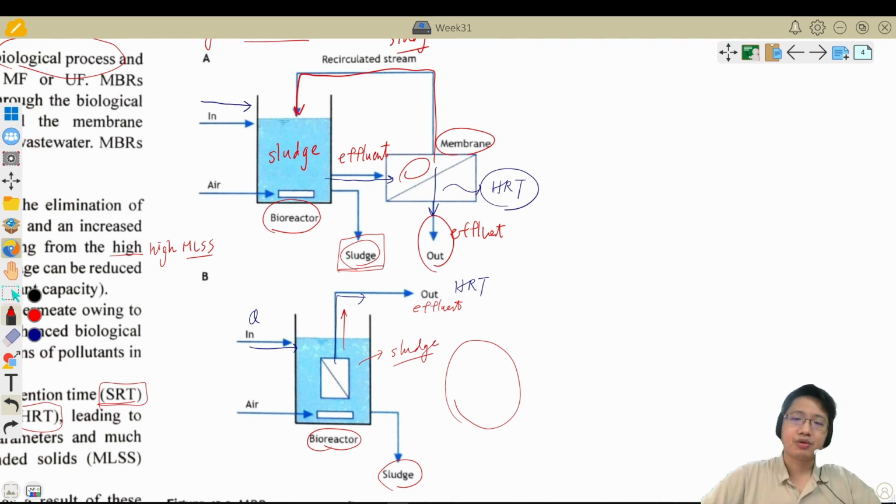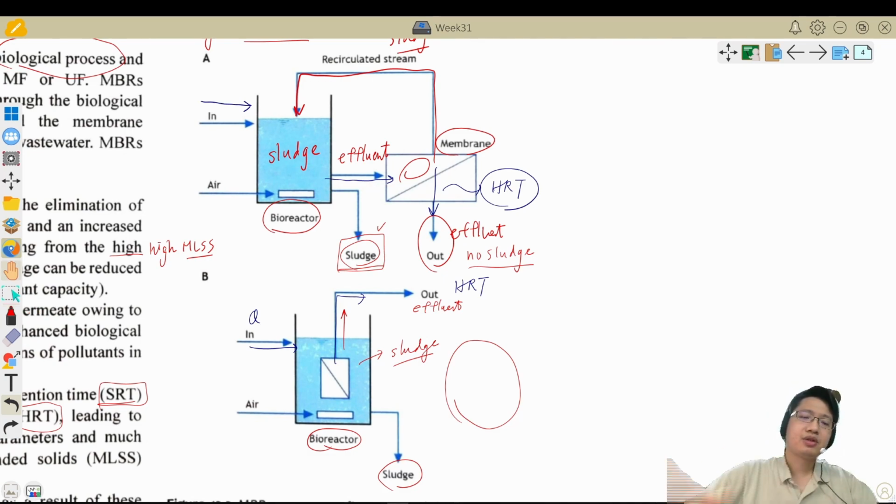All the sludge is not coming out here, there's no sludge in your effluent. So you can easily control how much sludge you are going to waste from your bioreactors, and don't have to worry about any accidental washout from your systems.